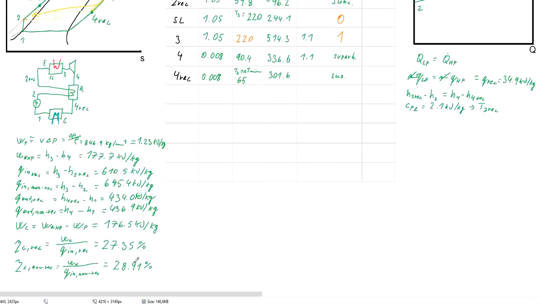So we can see that the recuperation increases the efficiency of the cycle by about 1.5 percentage point. Not bad for just one additional heat exchanger.